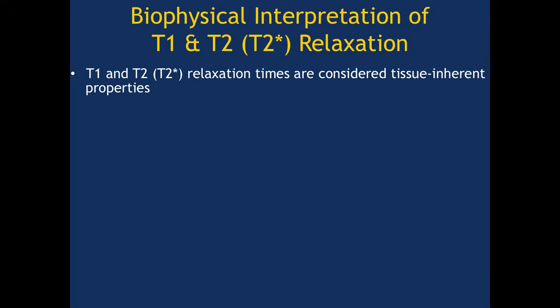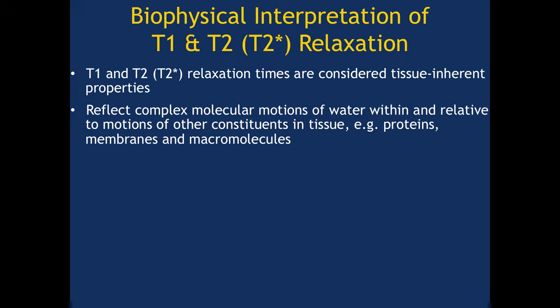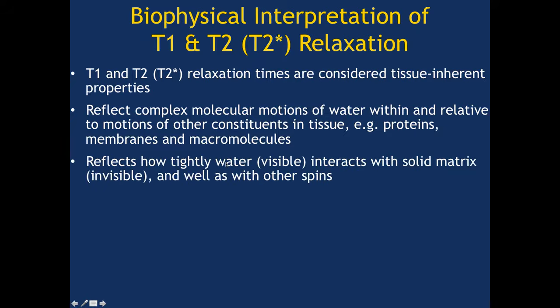Well, there is a biophysical interpretation of these different relaxation times. It's very complex, but it refers to the molecular motions that the source of our signal, water, has relative to other motions in tissues, the proteins, the membranes, the macromolecules. It's the relative vibrational and mobile frequencies of these constituents of the surrounding matrix that we don't make an image of.